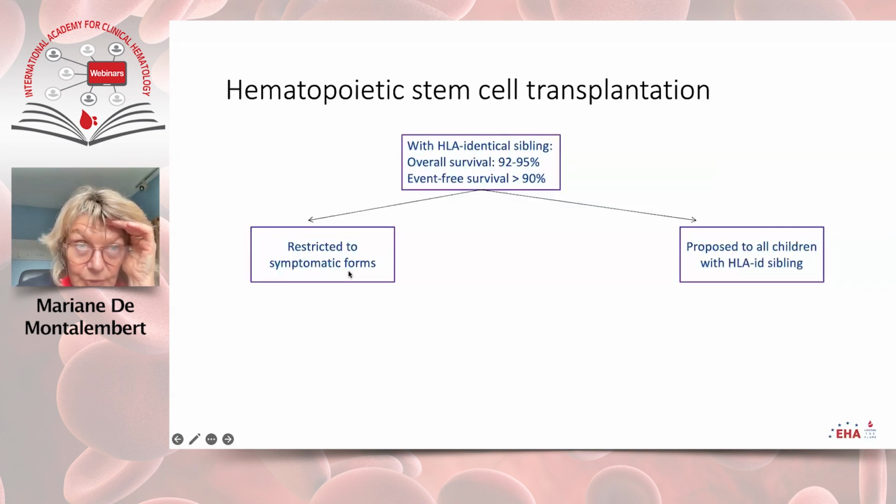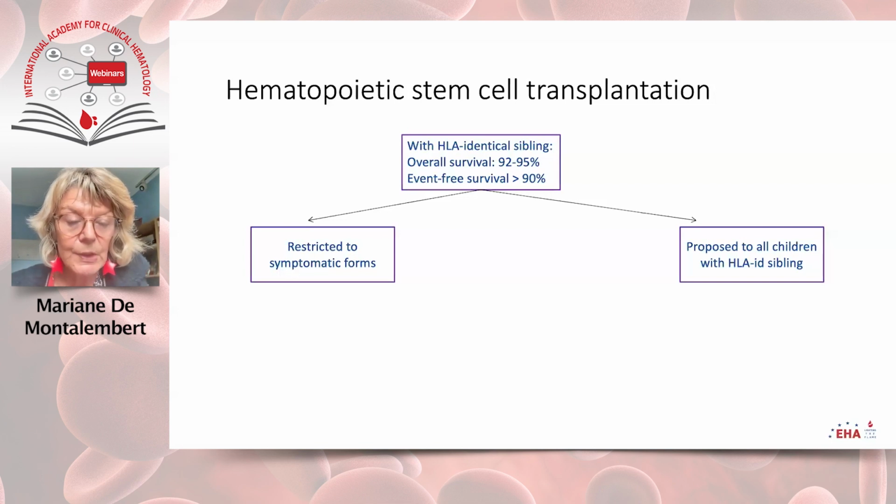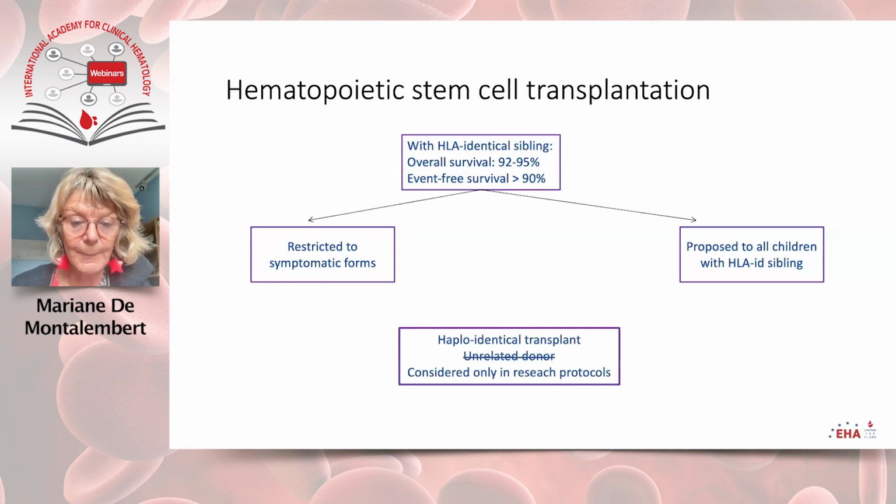These, let us say, excellent results led some experts to propose hematopoietic stem cell transplant to all children with an HLA identical sibling, while the impact on fertility and this mortality rate of 4 to 5% makes some other experts restrict the use of hematopoietic stem cell transplant to symptomatic forms.